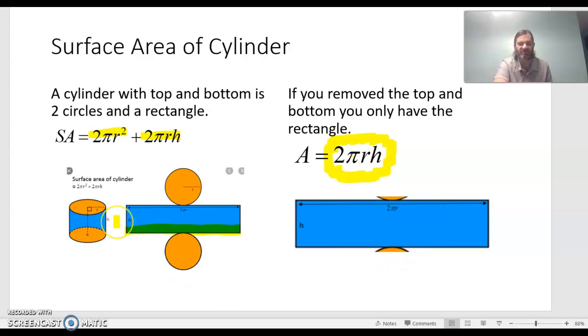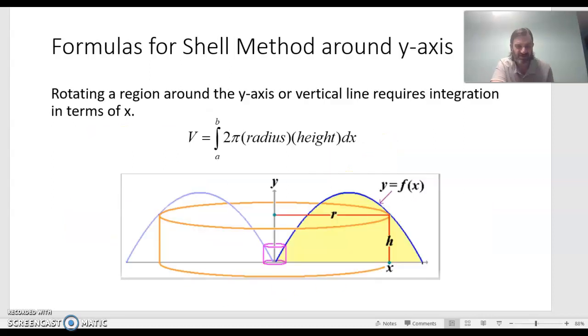Okay. So a little bit further here, the formula if we want to go around the y-axis, or a vertical line like the y-axis, is, contrary to the disk and washer method, we're going to write things in terms of x this time.